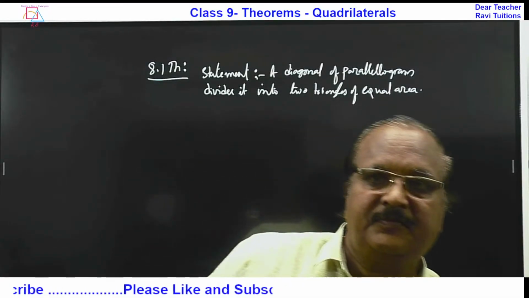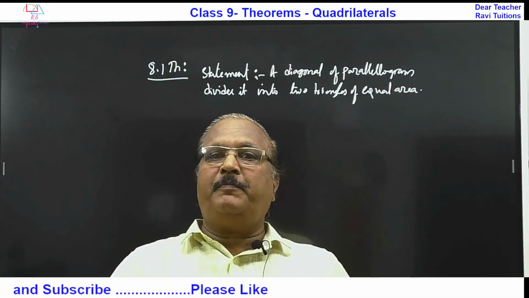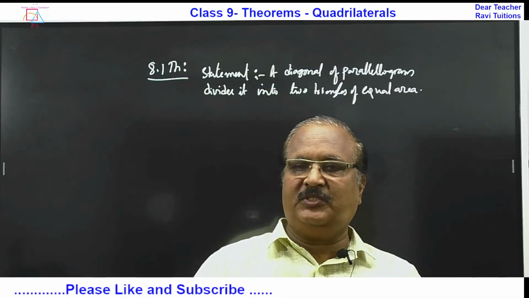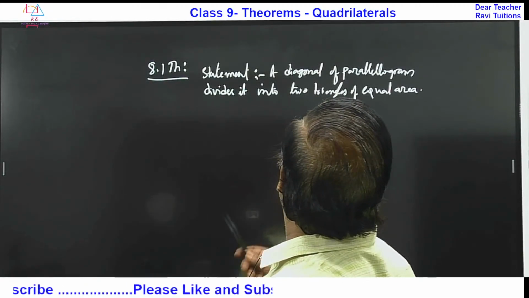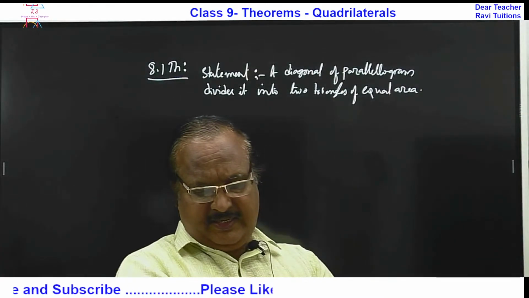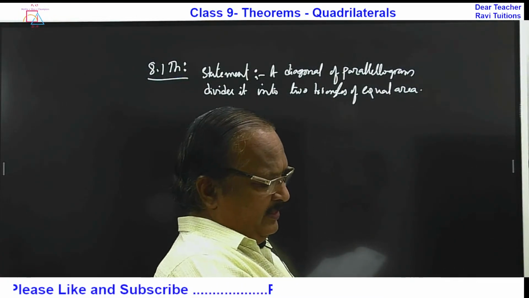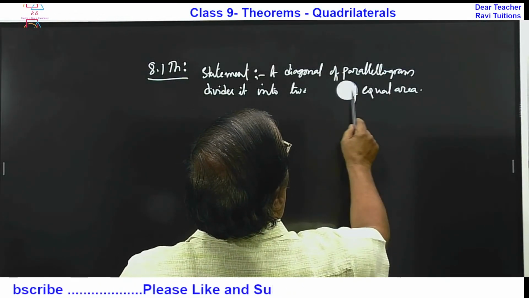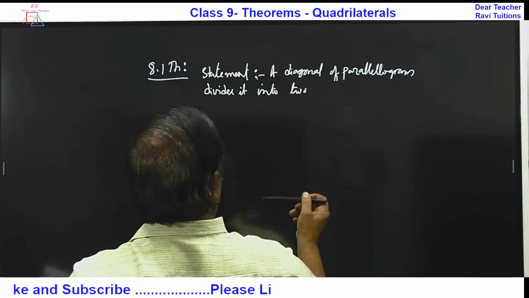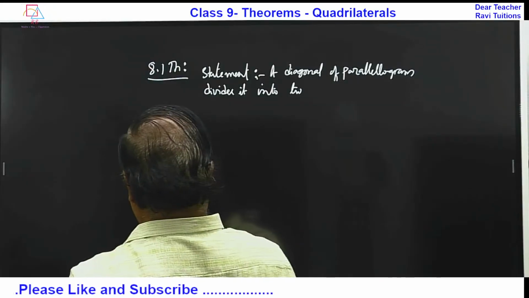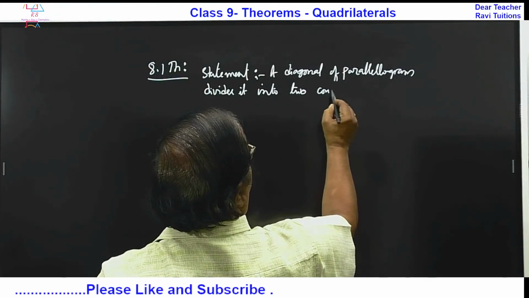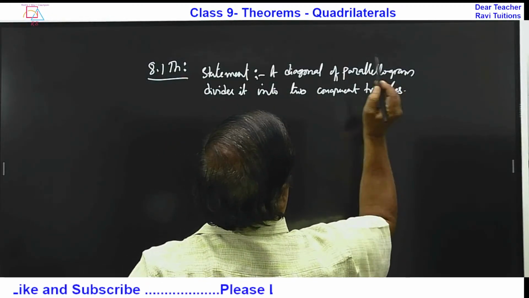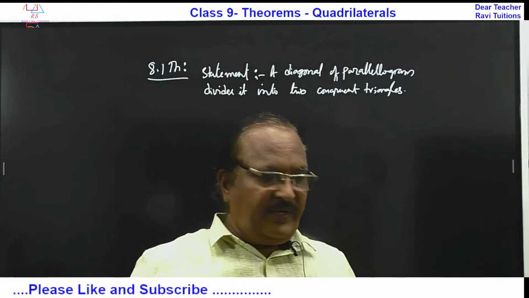A diagonal of a parallelogram divides it into two congruent triangles. I'm sorry, I should write congruent triangles in the place of two triangles. This is the statement. So what do we need to prove this?